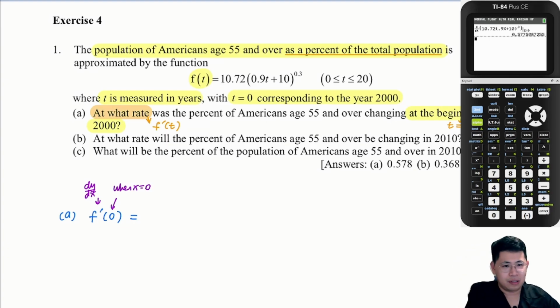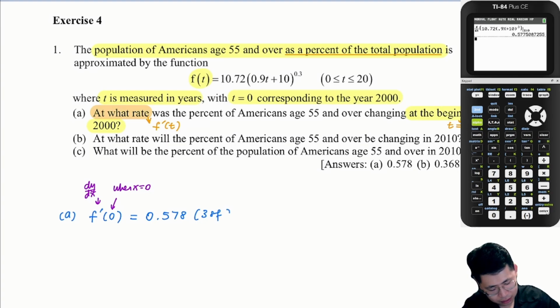So sub x equals 0. The calculator will give us 0.578 to 3 significant figures directly. Because they didn't ask us to find the exact value, and this is a contextual question, I think it is okay for us to make use of the d/dx function like this.